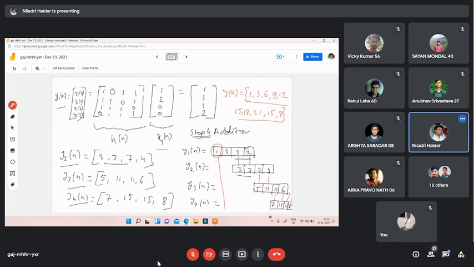So what I am trying to say about the overlap save method and overlap add method is that whenever you do DSP, the processing of digital or discrete signals, you will basically use the computer.